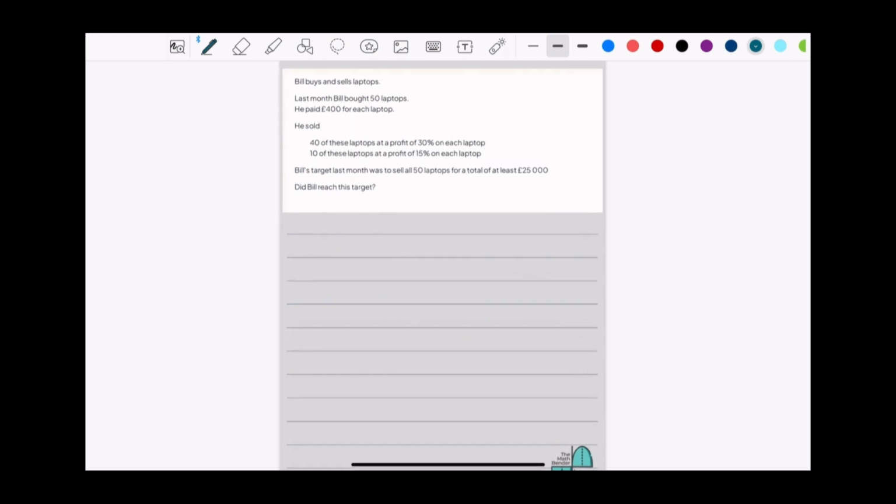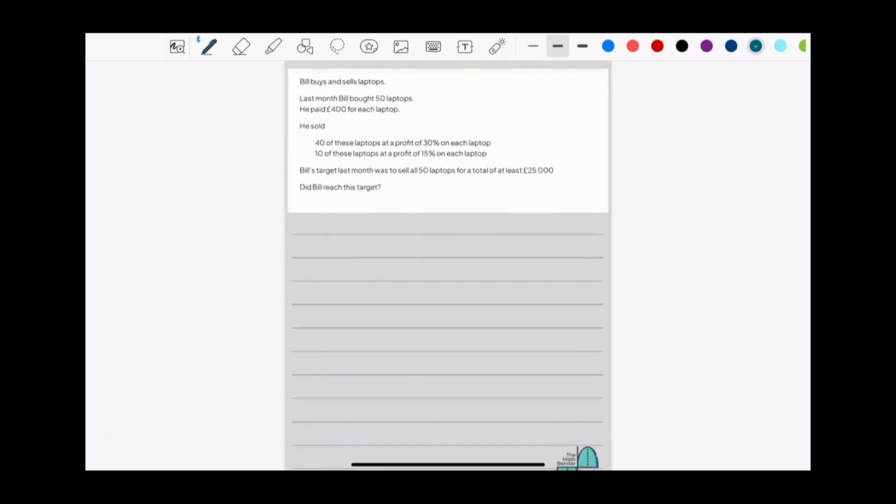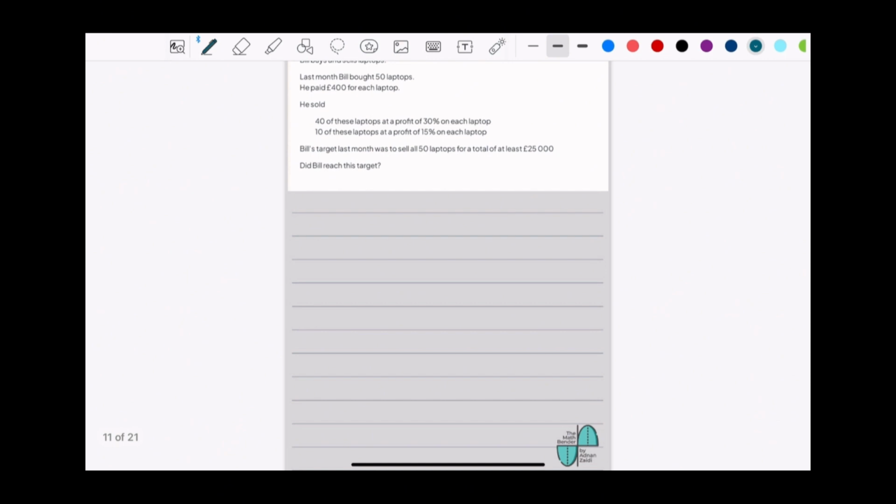Bill buys and sells laptops. So last month he bought 50 laptops and paid 400 for each of the laptops that he bought. Now, he sold 40 of these laptops at a profit of 30% on each laptop. So first, let's take out the data individually.